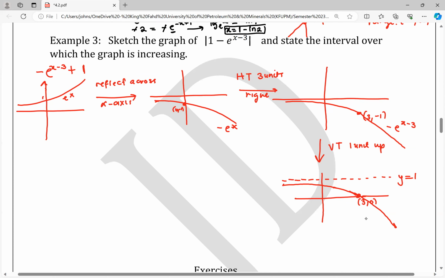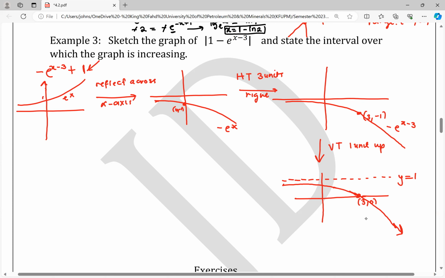Yes, because it was cutting at y equals 0. So the distance between where it cuts, the y value, and the horizontal asymptote is 1 unit. And we can clearly see the horizontal asymptote from here, right? So now this is what we have, okay?